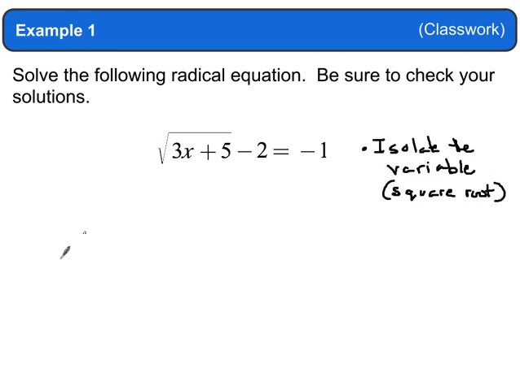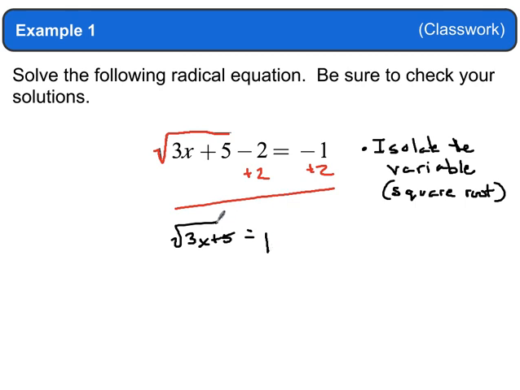I see that my radical is here. The only thing that's not currently underneath that radical is the 2. So we're going to add 2 to both sides. When we do that, we're going to get the square root of 3x plus 5.